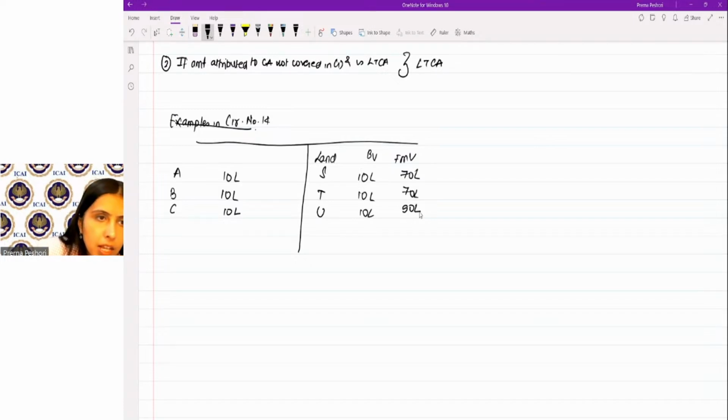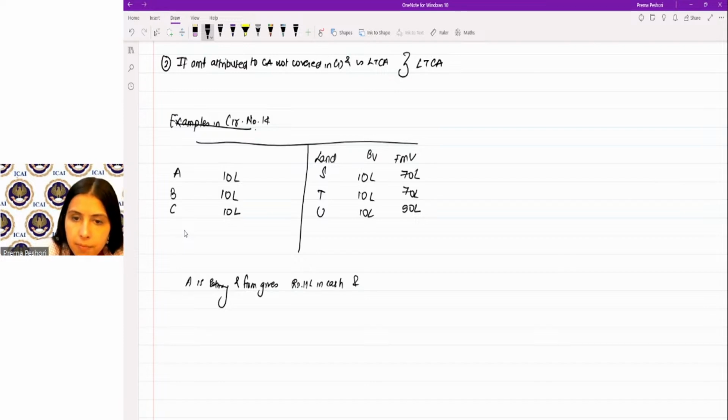Now, A is exiting and the firm decides to give him, A is retiring and the firm gives rupees 11 lakh in cash and land U. Okay.